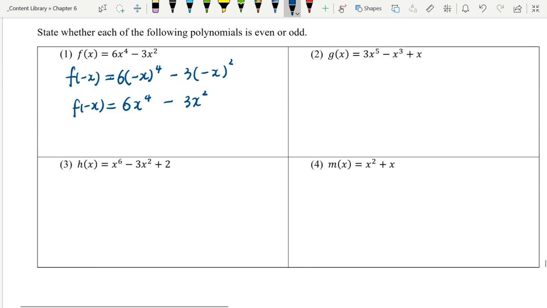So it goes back to the same function as before. So f(-x) on the right-hand side is just f(x). Therefore, I have f(-x) equals f(x).